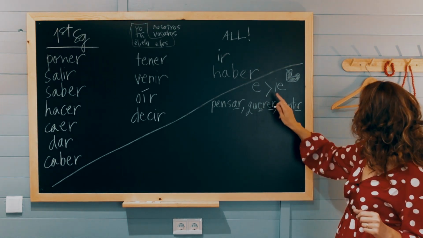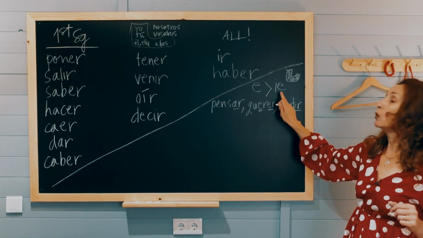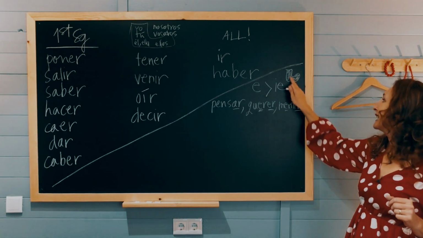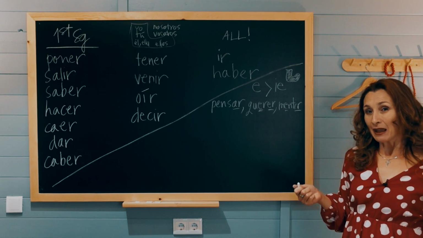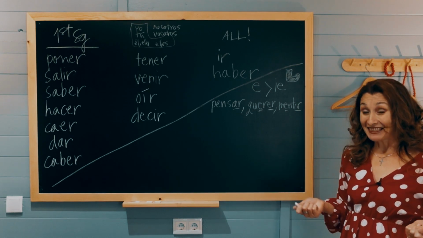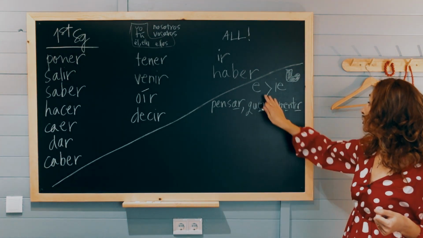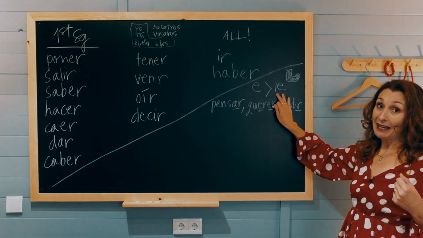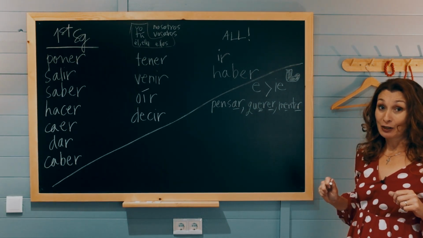Again, we have an e in the root, and this will become ie inside the boot. Miento, mientes, miente, mentimos, mentís, mienten. Good.